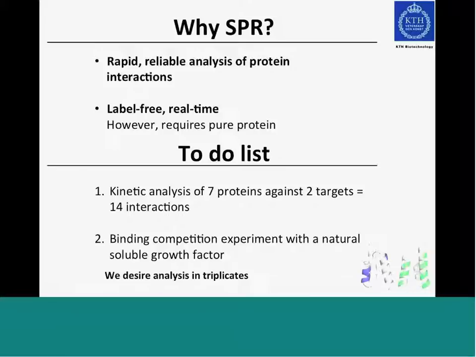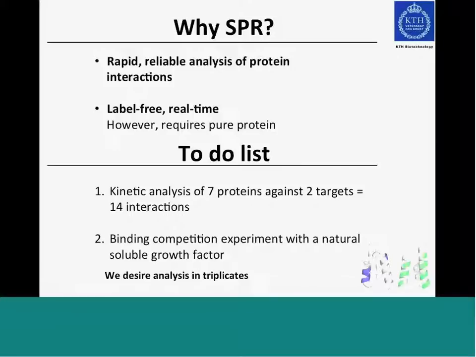So what we need to do is we have 7 candidate proteins in this example, and we have 2 targets. So we have a base target, and we have our newly engineered binding feature on the opposite side. So this gives us 14 interactions in total, which is quite a lot to do on SPR.